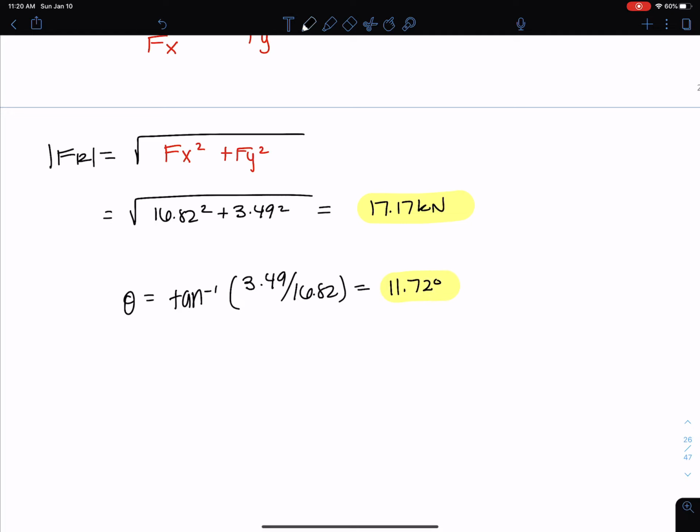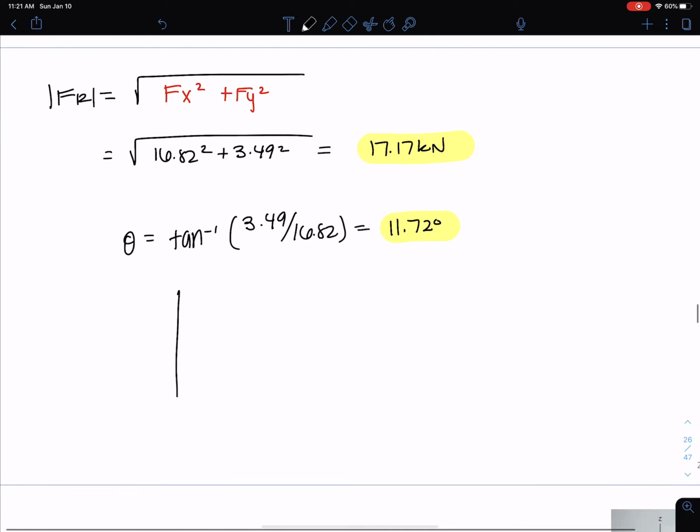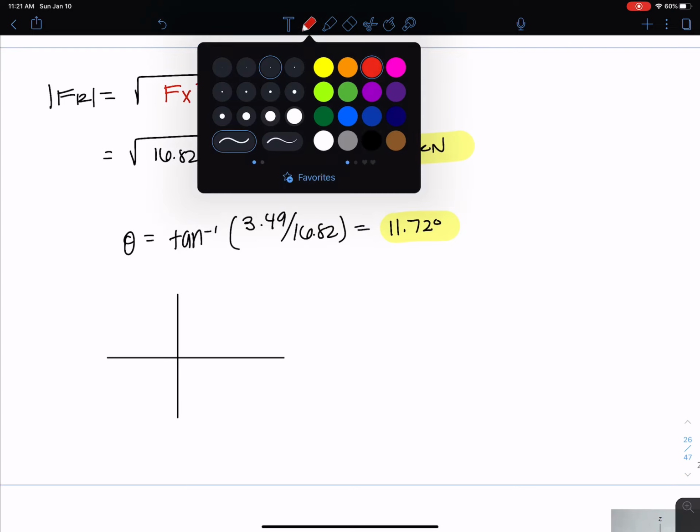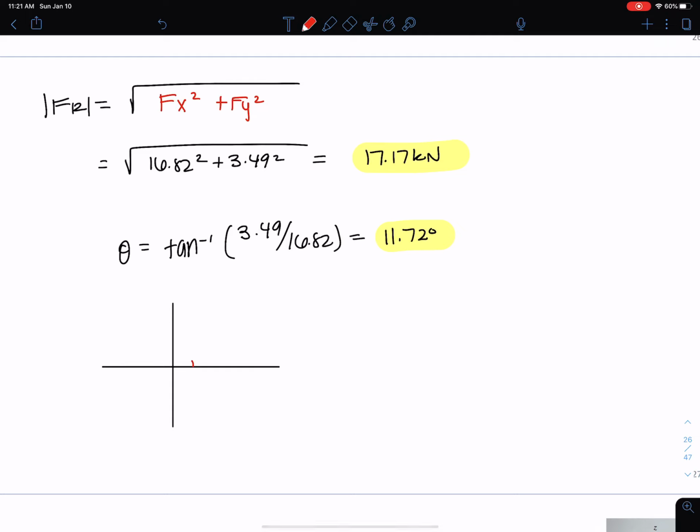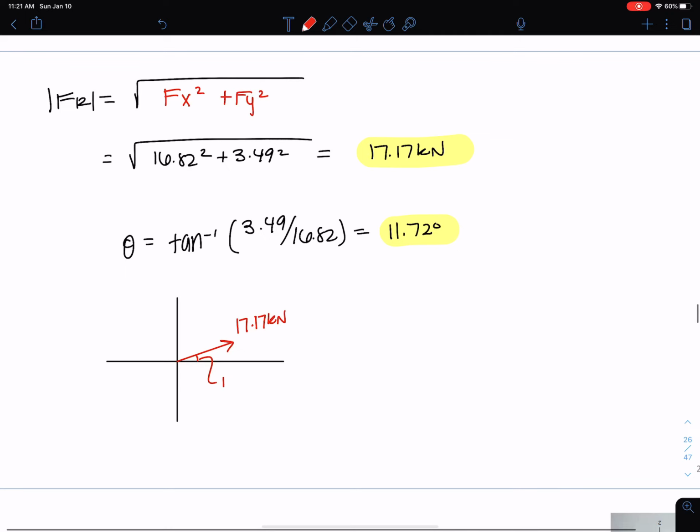So what I'm saying is basically my resultant, I'm going to start with the angle, measure it counterclockwise. That's it. Okay.